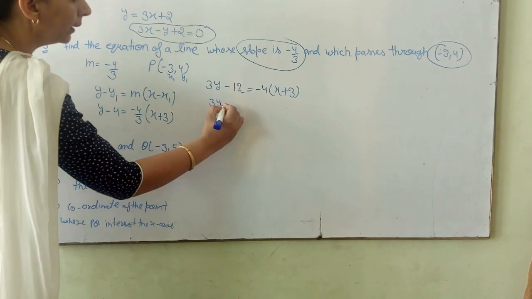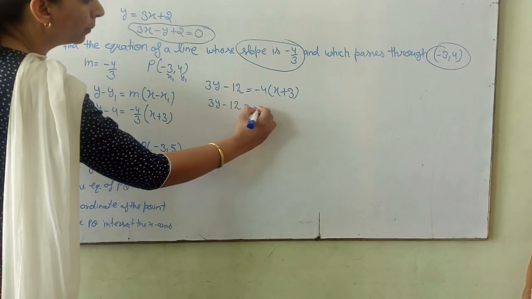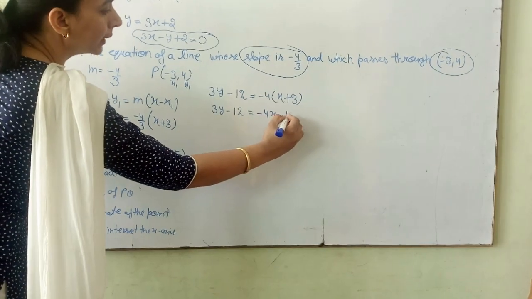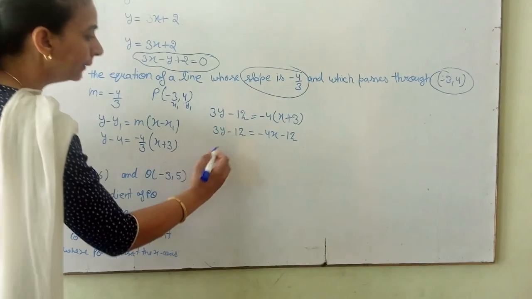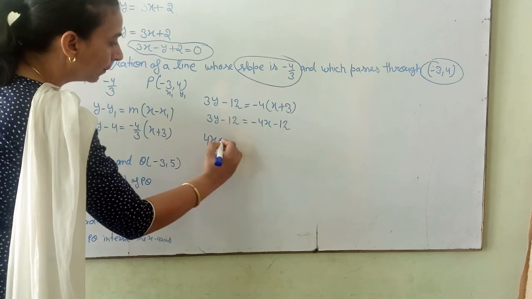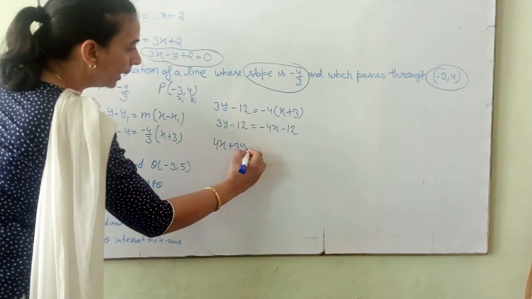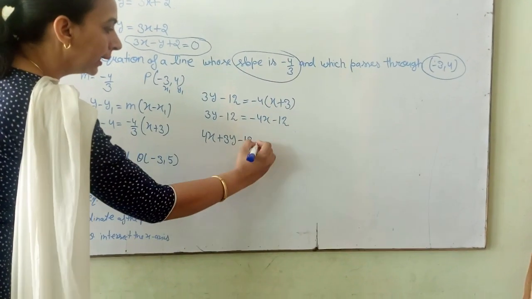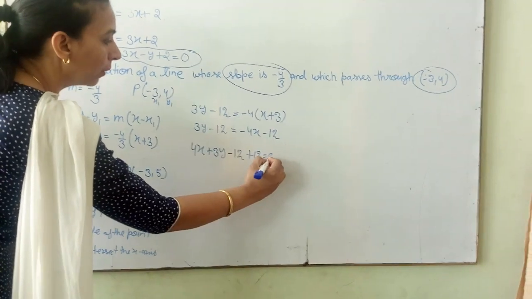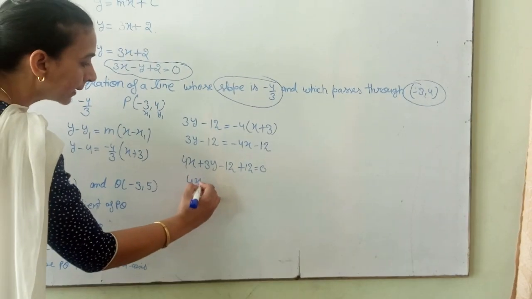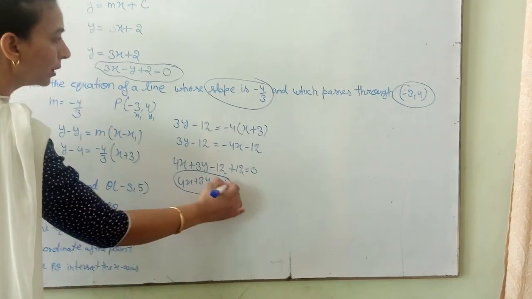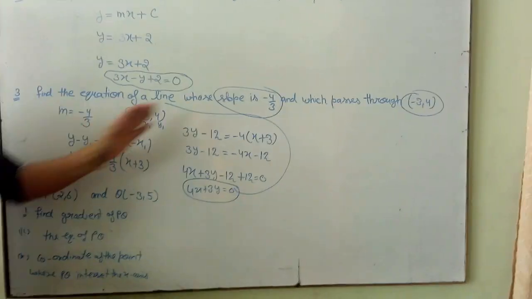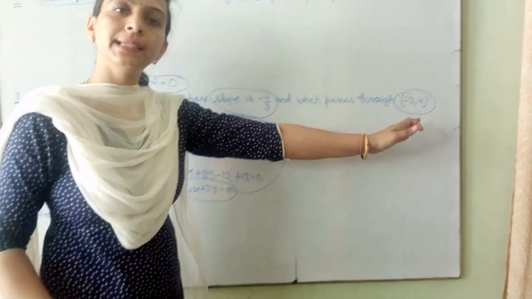Then 3y minus 12 equal to minus 4x minus 12. Moving minus 4x minus 12 to the left side, 4x plus 3y minus 12 plus 12 equal to 0, so 4x plus 3y equal to 0. This is the equation of a line whose slope and passing point are given.